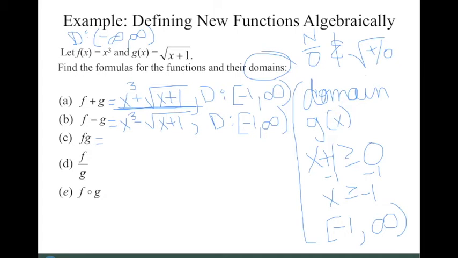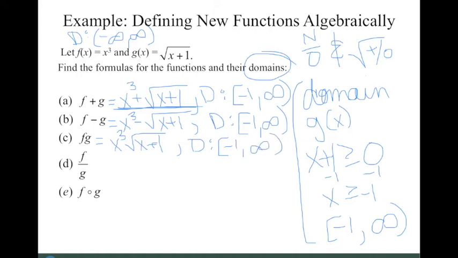So same thing, I'm just going to multiply x cubed times the square root of x plus 1. And then again, domain, I'm looking for denominators and radicals. I don't have a denominator, but that radical, the square root of x plus 1, limits my domain. So my domain, again, is from -1 to infinity.